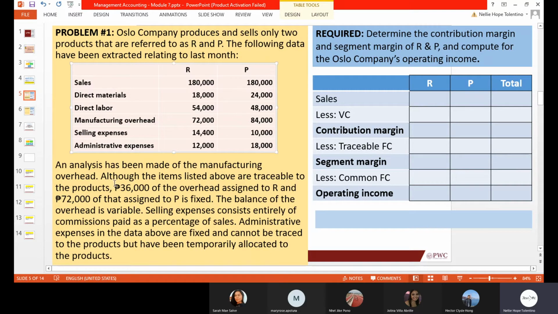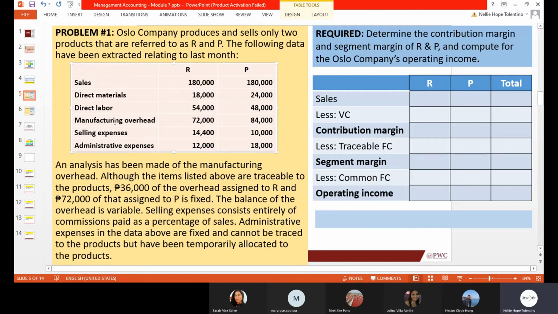Sabi dito sa analysis, 36,000 of the 72,000 is fixed. Tapos, 72,000 of the 84,000 from P is fixed. The balance of the overhead is variable. So, arithmetic. Simple math, mamaya.